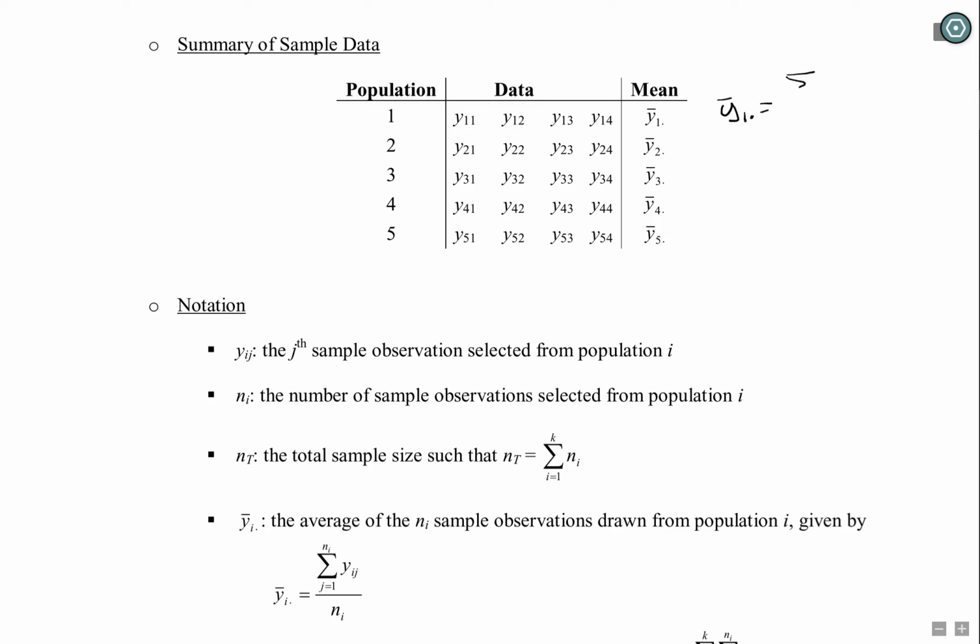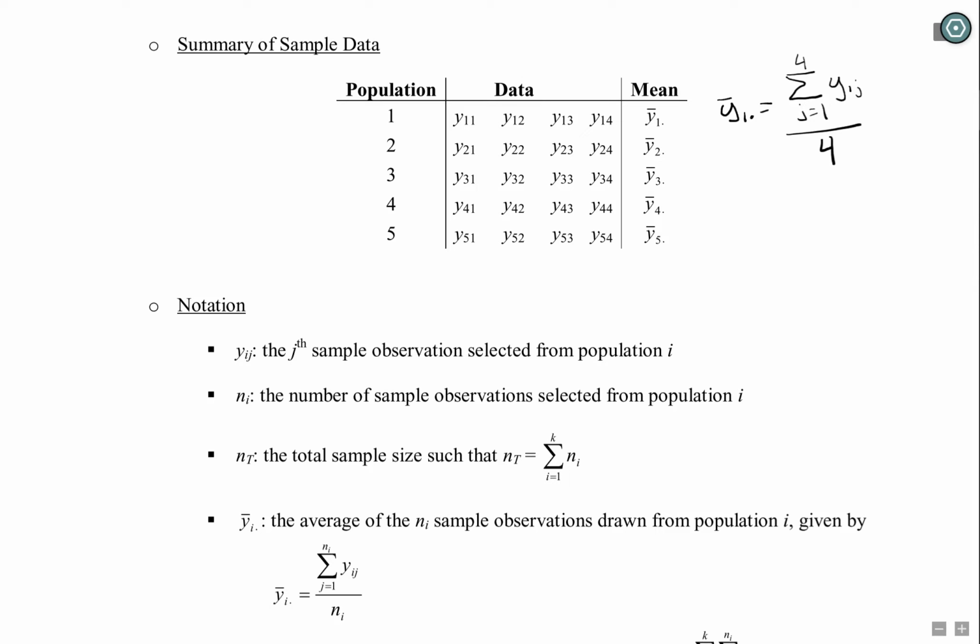It's the sum of Y1j, where j would go from 1 to 4, and then of course we would divide by, in this case, 4. So it's really just y11 plus y12 plus y13 plus y14. Okay, so there's a sample mean for the first sample.